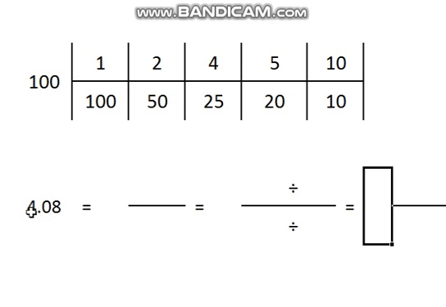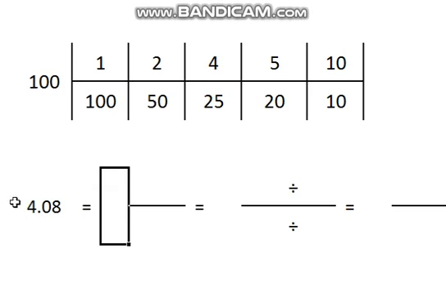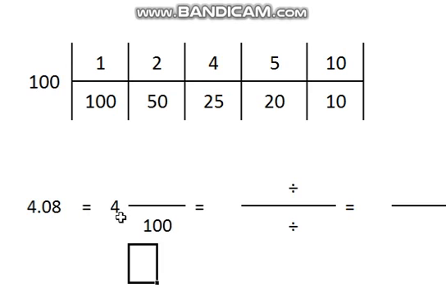Let's continue to another example. This one is 4.08, and you have two decimal places, so you can convert this decimal to hundredths. What you need to do is copy the 4 of the whole number and then divide by 100. This one is 0.08, so the numerator is only 8.